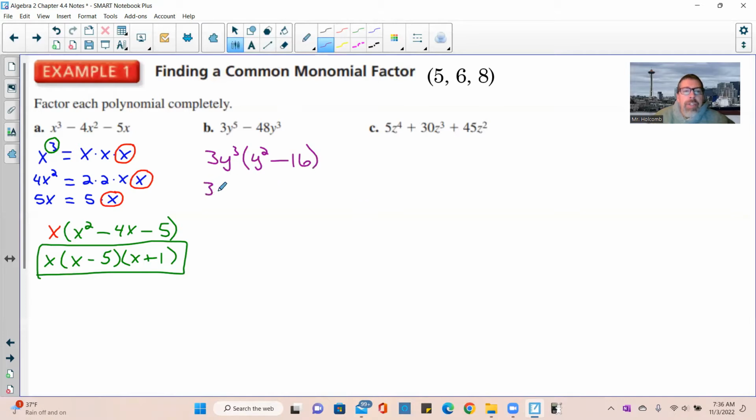So now I see I have a difference of squares, which is the square root of the first term plus the square root of the second term, times the square root of the first term minus the square root of the second term. If you remember your factor rules from chapter, what was it, 4.1? So this is now factored completely. 3y cubed times y plus 4 times y minus 4.